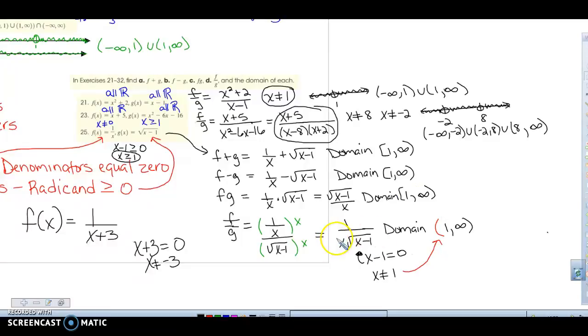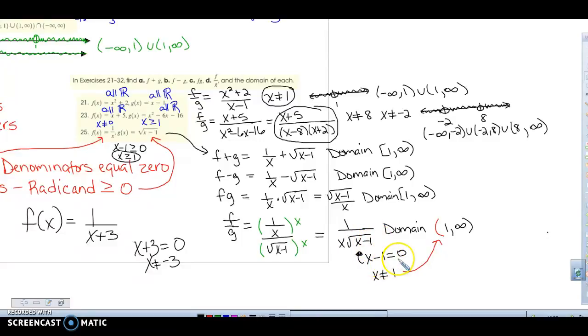However, we have a new thing to take a look at here. We have a new denominator that we haven't had before. This denominator has a square root of x minus 1 in it, in addition to just the x. So we know that we can't allow x to equal 0, but now we need to make sure we don't include anything that would make this portion of it equal 0.